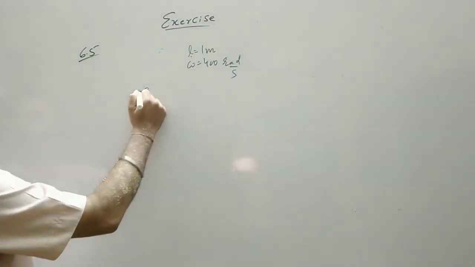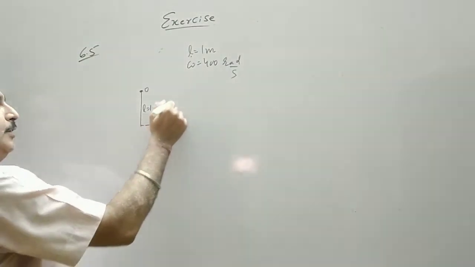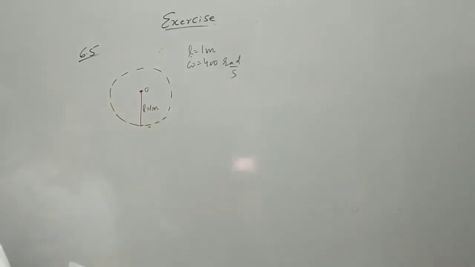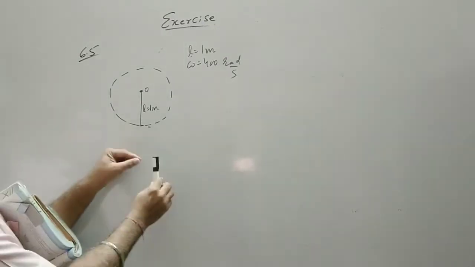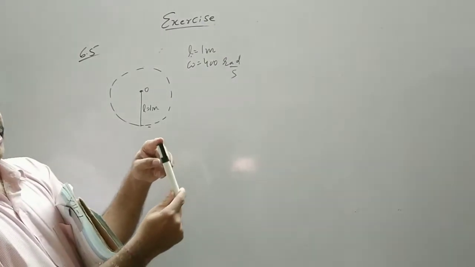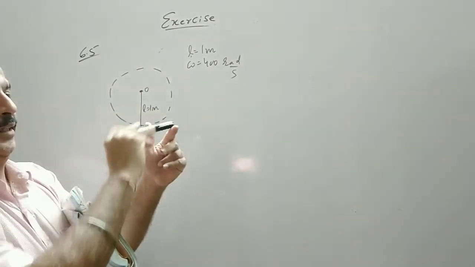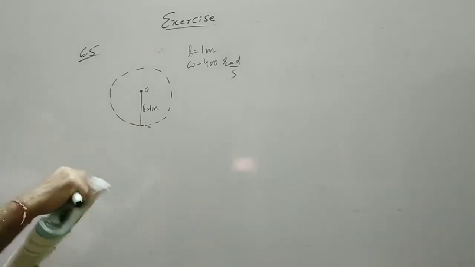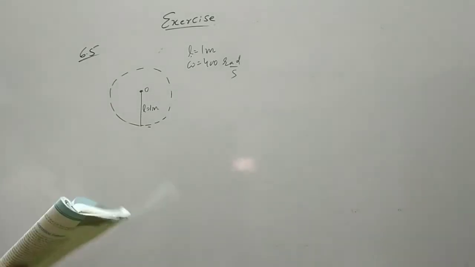So for the axis of rotation, let us assume the rod is rotated like this. So this will be the axis of rotation. We assume that this is a rod and it is rotating like this. So it becomes an axis of rotation normal to the rod.